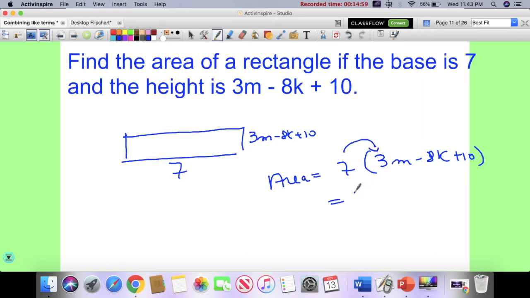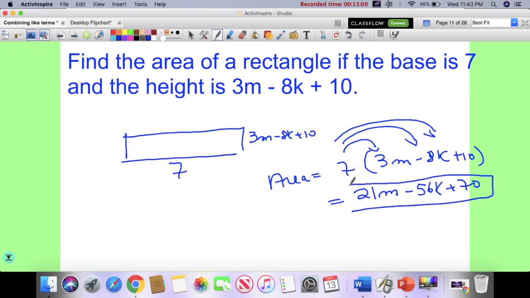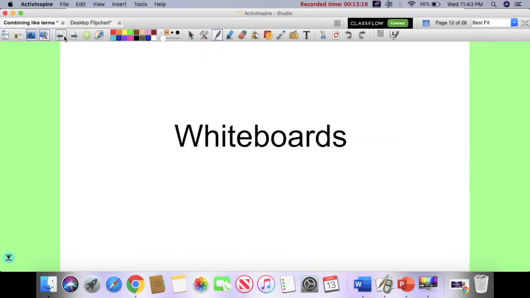The area is going to be distributed properly: 21m, and negative 56k, and then 7 times 10, which is 70. And that's the area represented in this expression of this rectangle. And that's it.